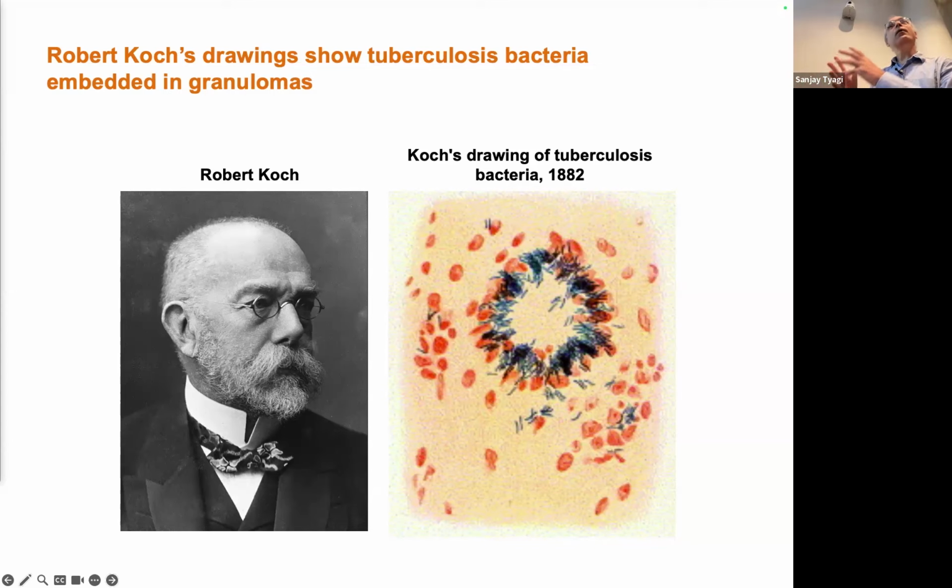So from early on, since we know of the Mycobacterium tuberculosis bacteria, we know that it exists in these granuloma structures. Is this a drawing he made from microscopic observation? That's right. These are the drawings he made, and they exist. And I think there is a museum in Berlin where there's an institute with his name, and they have these pictures. I got them from a Wikipedia page.